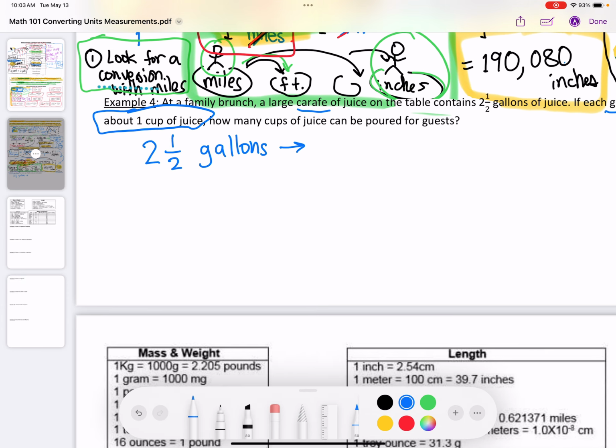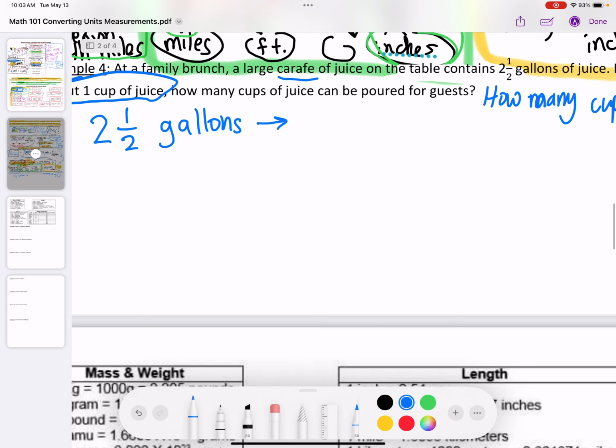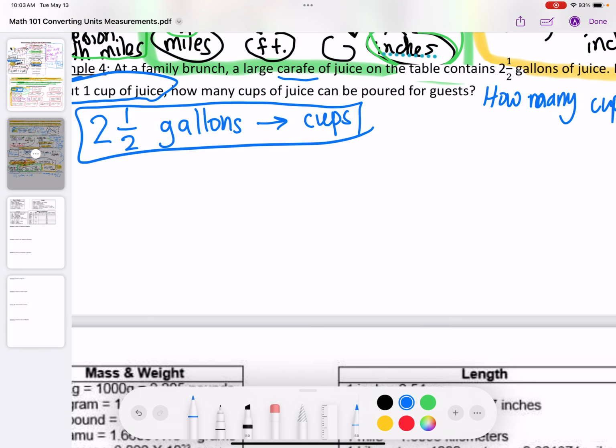So it's kind of a complicated way of saying how many cups are in that many gallons. In other words, how many cups are in 2.5 gallons? Yeah, that's what they're trying to say. So I want to go from gallons to cups. That's the simplest thing we're trying to do.